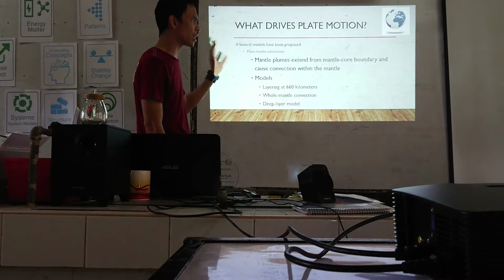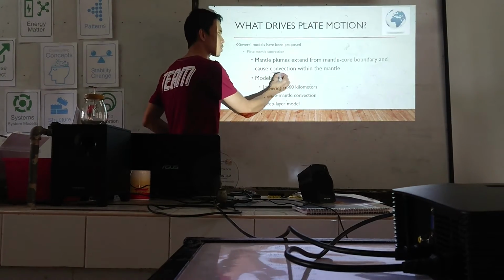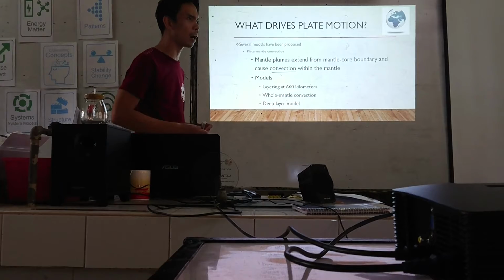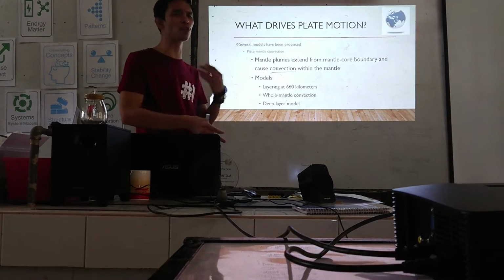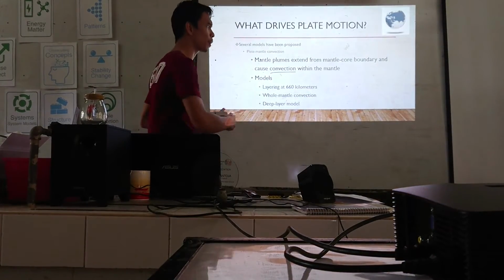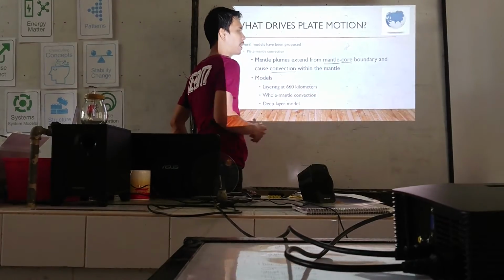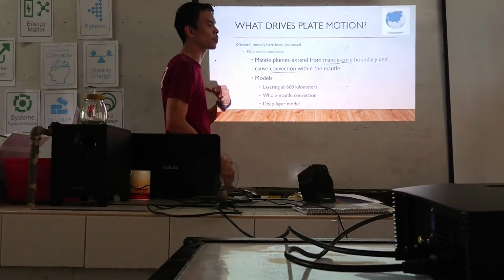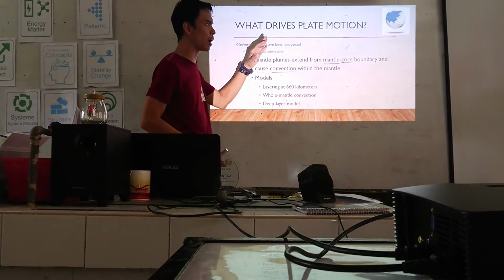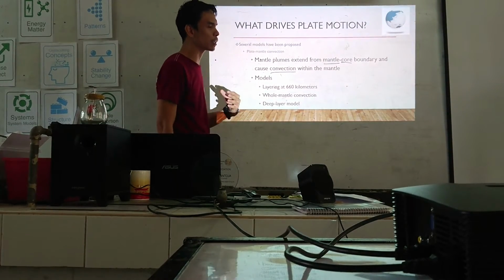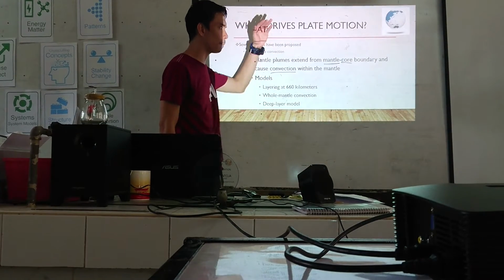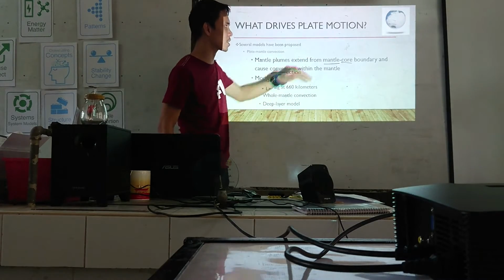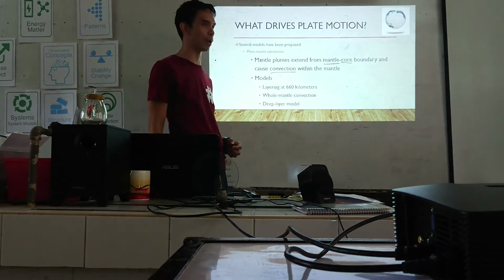So because of the process called convection, it allows the fluid to transfer heat coming from the core to the mantle, and because of this movement of your mantle, it drives the lithospheric plate that sits above this mantle that we have right here.